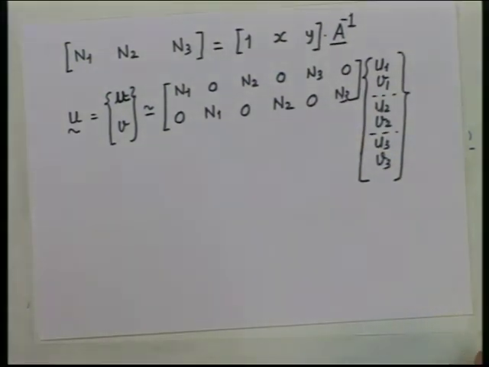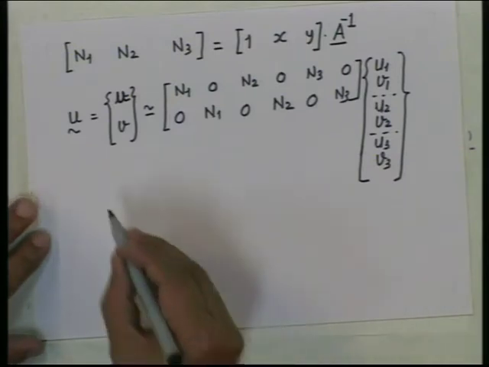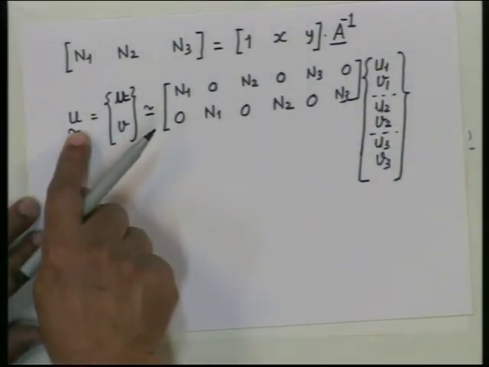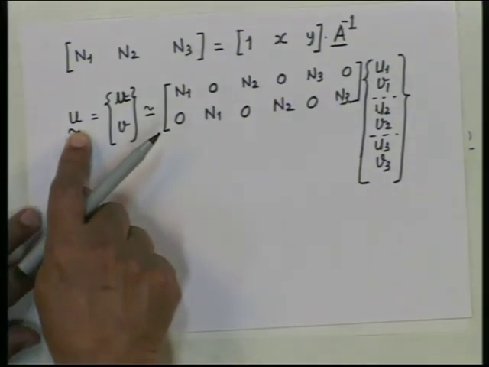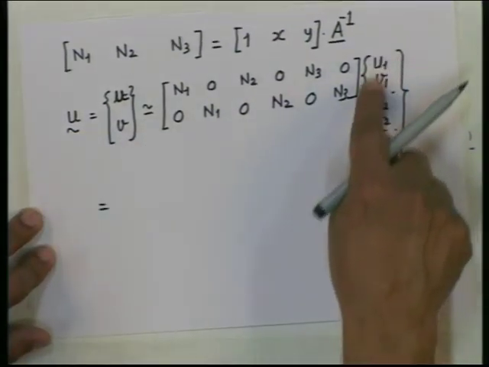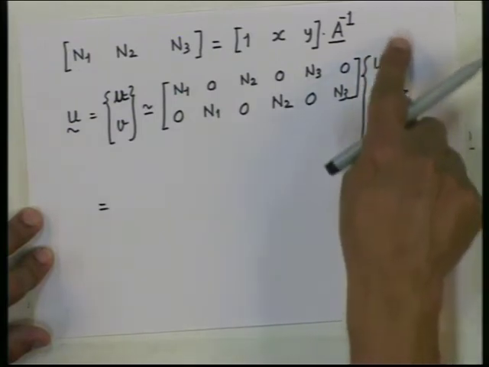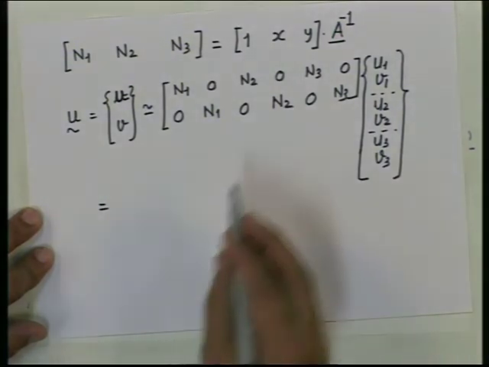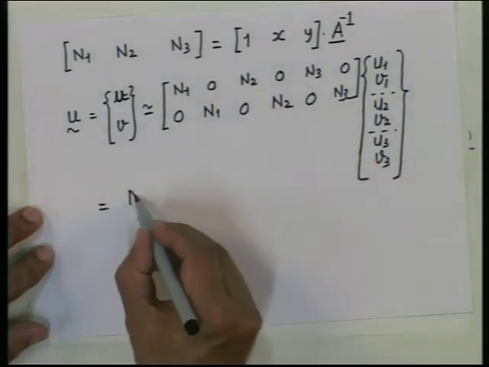So, my n matrix, what I am saying is that this matrix expresses the u displacement of point P in terms of all the degrees of freedom at the 3 nodes, and whatever is the multiplier is my n matrix. So, this matrix is n.